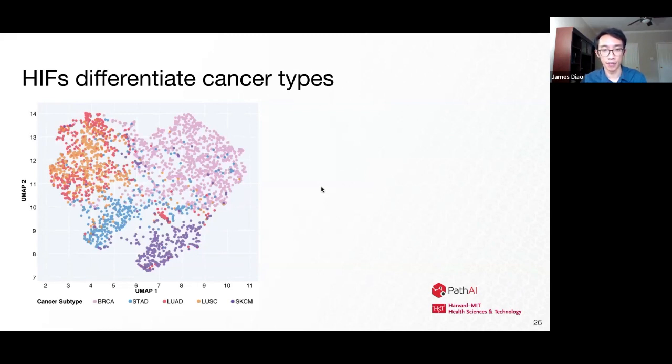And skin cutaneous melanoma also is the only one to have examples of metastases in there. So it would not be entirely surprising that it has a couple more points that are broadly scattered across the space, whereas the other ones without metastases would be a little more consistent in their distribution of HIFs.